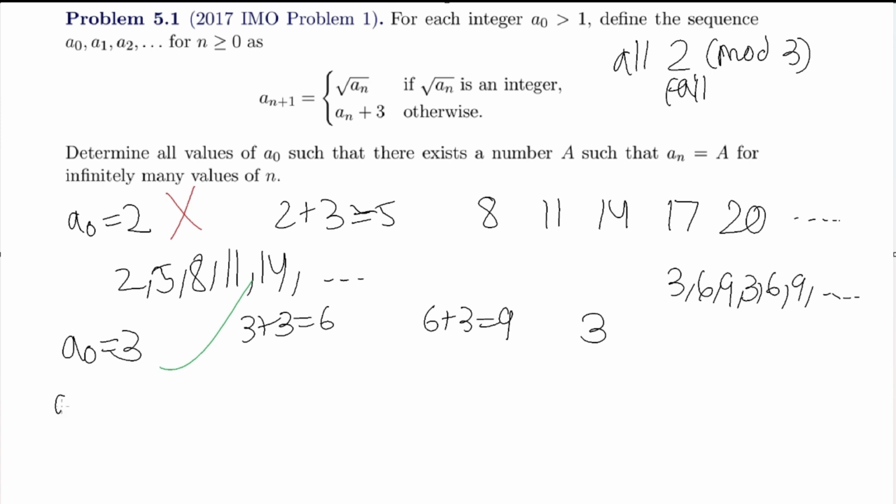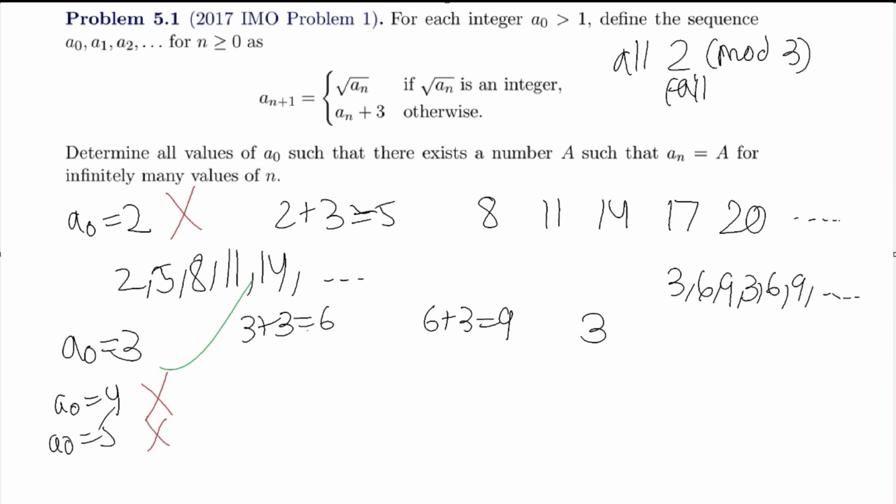What about a0 equals 4? Well, we want to increase by 3 to go from 4 to 7, but that doesn't seem to work because 4 square roots to 2, and then we go off to infinity and no longer get a cycle. So that's off the list. And similarly, a0 equals 5 is off the list.